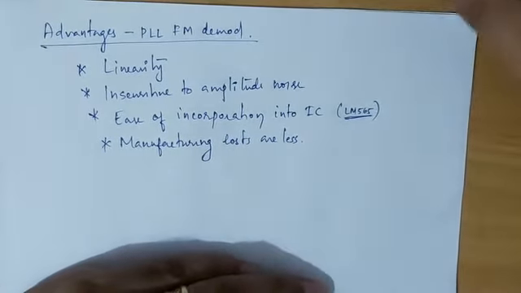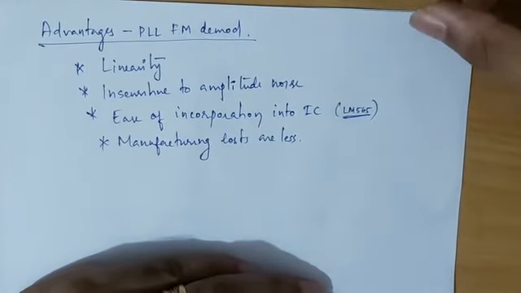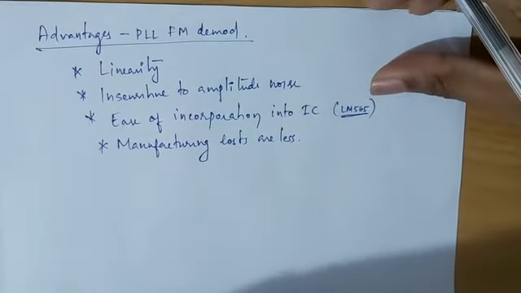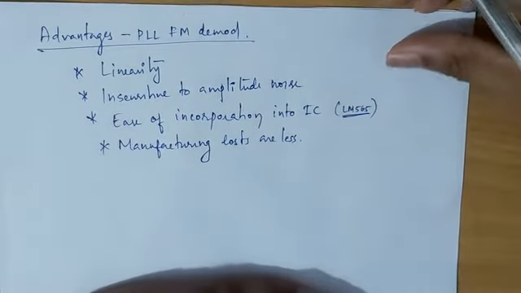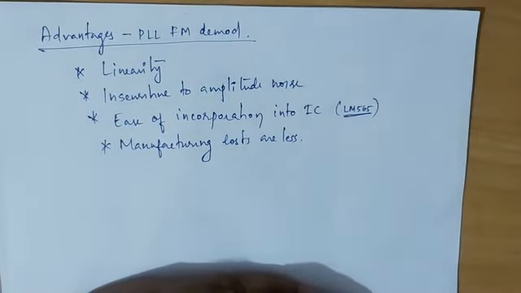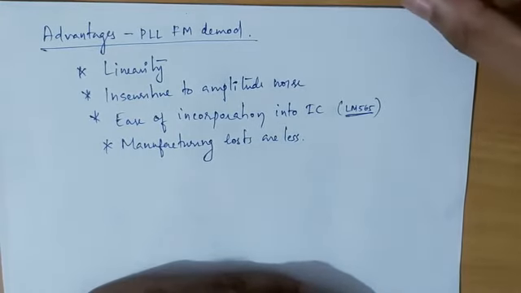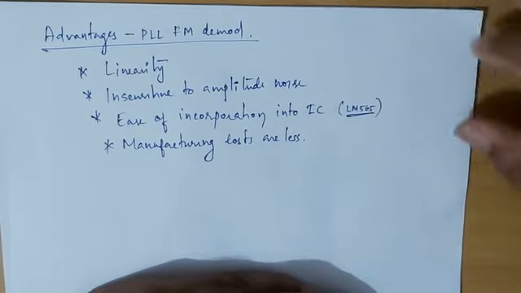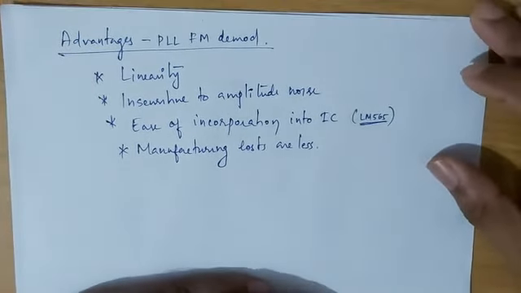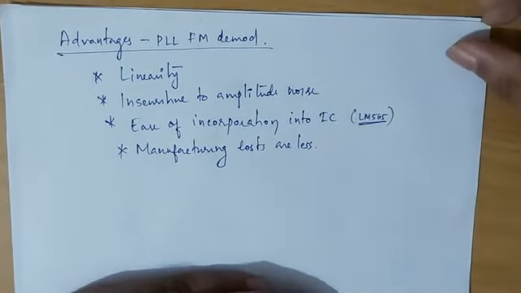The last one is that manufacturing costs are very low, since we don't need bulky components like transformers and inductors. So the manufacturing cost is less, and it is also a compact circuit. These are the advantages of the PLL FM demodulator.